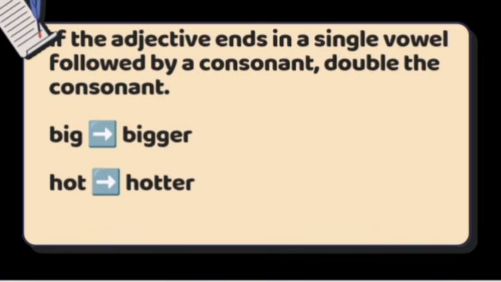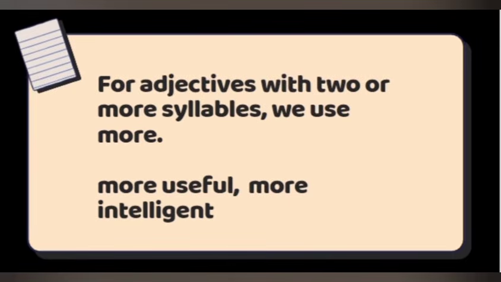Next, as I told you before, there are some adjectives which take more when they are changed into the comparative form. For adjectives with 2 or more syllables, we use more. So when we get an adjective that has 2 or more than 2 syllables, like here you see the adjective useful. How many syllables? 2 syllables.